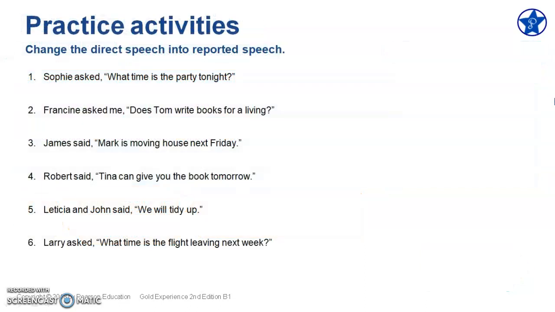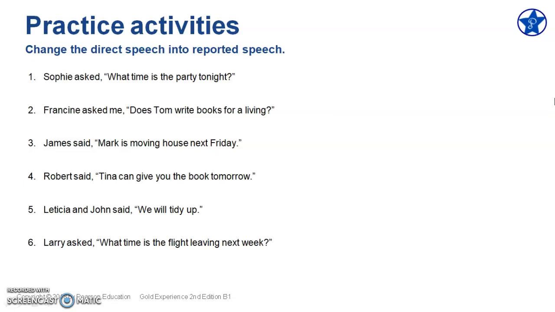So now, let's practice. Change the direct speech into reported speech. Let's do the first one together. Sophie asked, "What time is the party tonight?" All right. So we will start with Sophie asked, "What time?"